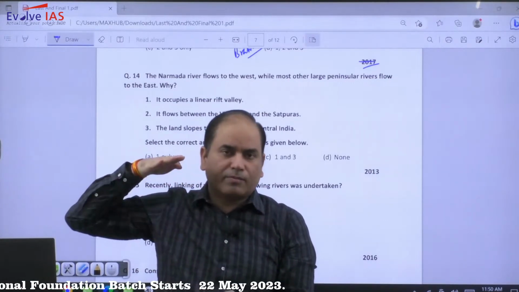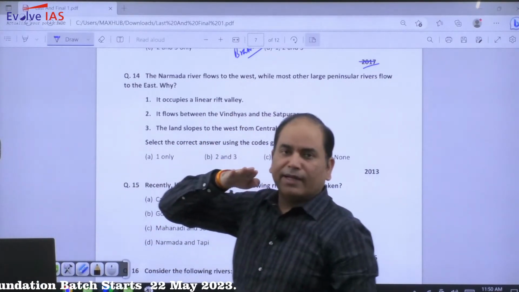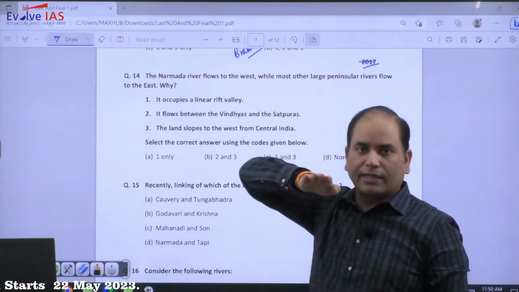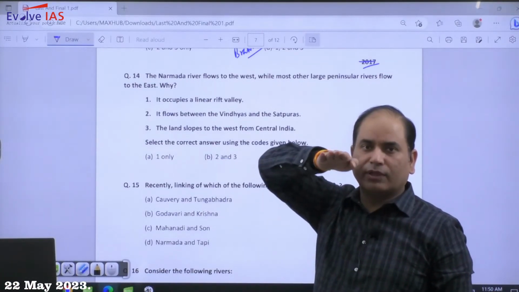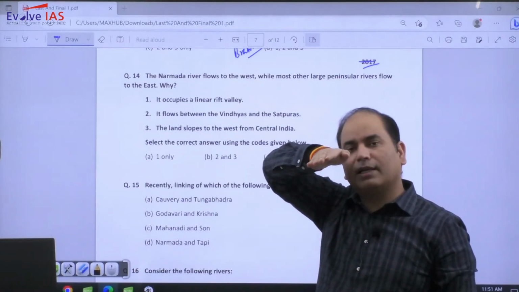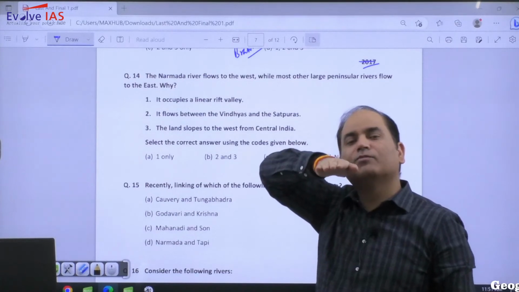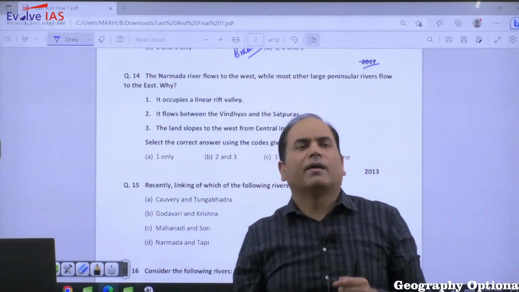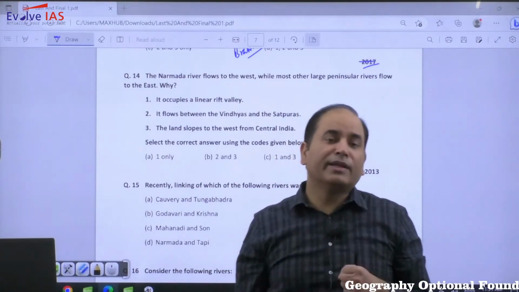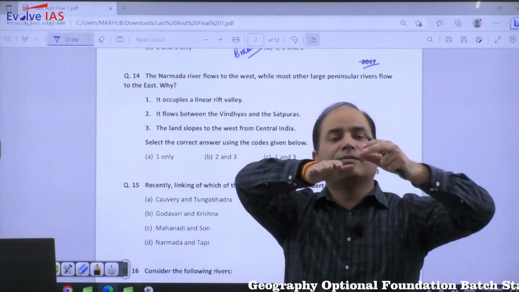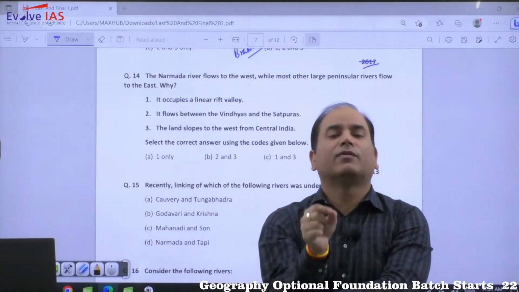Because when the plates collided, the peninsular side of the Indian plate bent, so the western flank has tilted. Not uplifted, uplifted is an incorrect word.